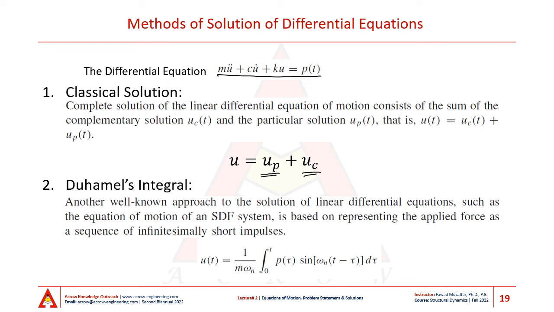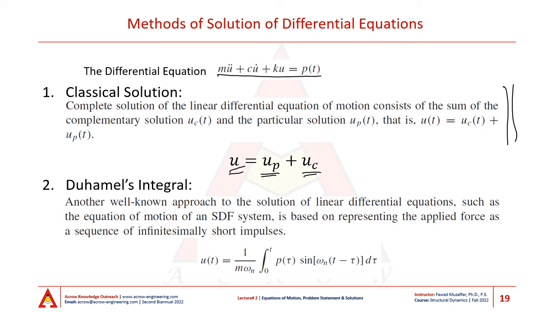We can evaluate this using our mathematical approaches and get the value of u, which is the response of the structure as a function of time t. This is one of the main methods to solve the linear differential equation.